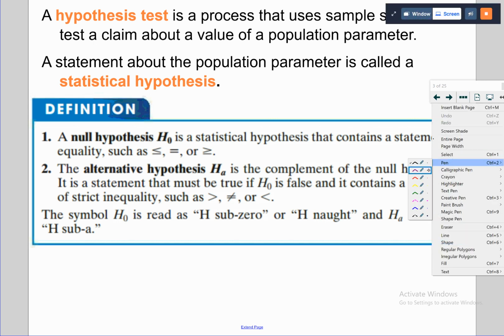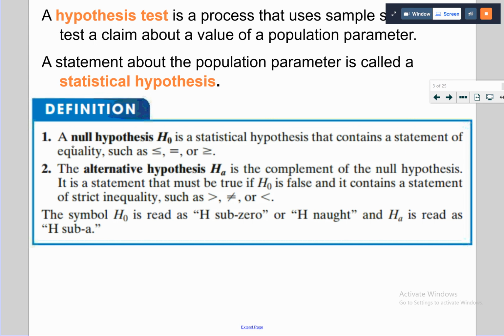All right, so what are they? A null hypothesis, which is H null or H sub 0, is a statistical hypothesis that will contain some sort of statement of equality. So these statements will be equal to, less than or equal to, or greater than or equal to. One of those three symbols will always be in our null hypothesis as a statement of equality because they all have an equal to piece in them.